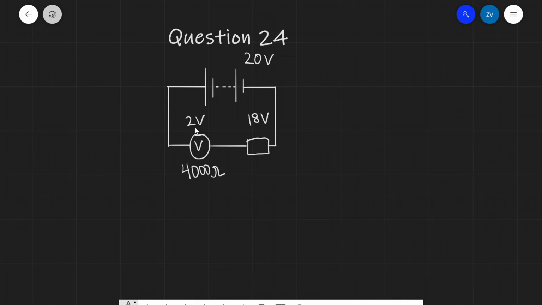Now, because of the ratio of the voltages compared to the resistances, if the PD is 9 times as high, the resistance also needs to be 9 times as high, which would mean that the resistance across the resistor would be 36,000 ohms, i.e. the correct answer is B.